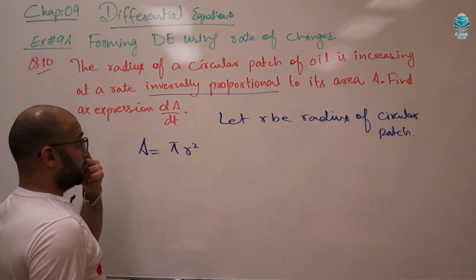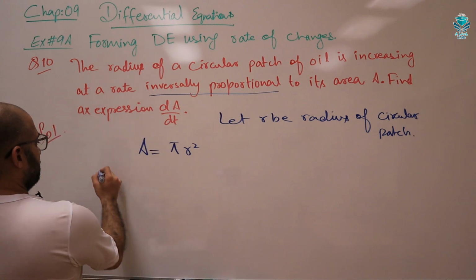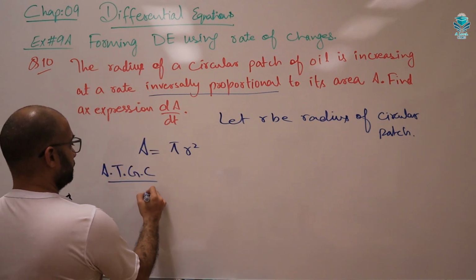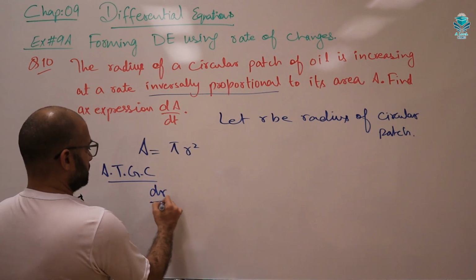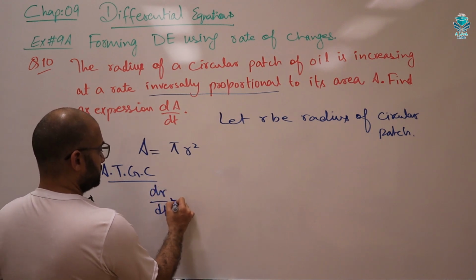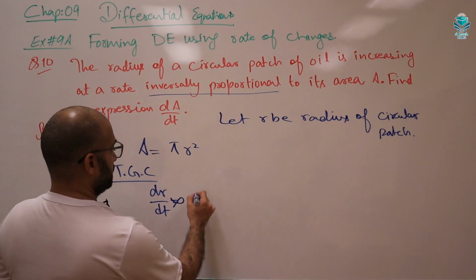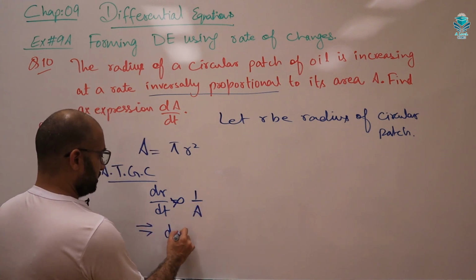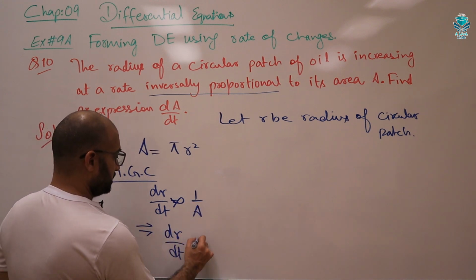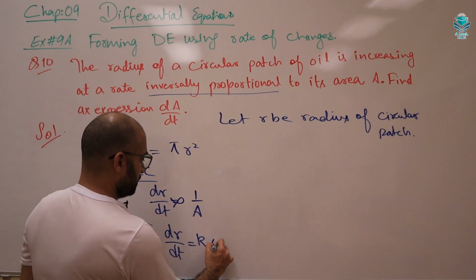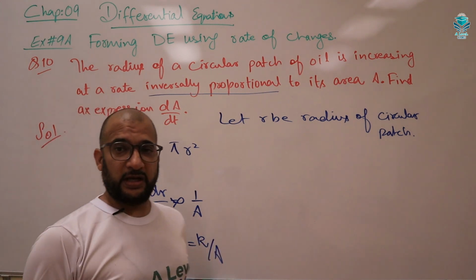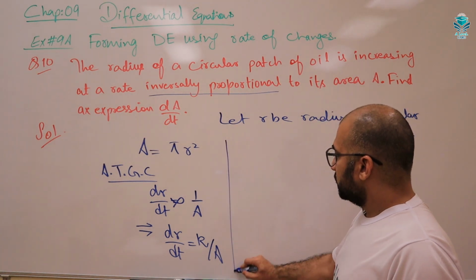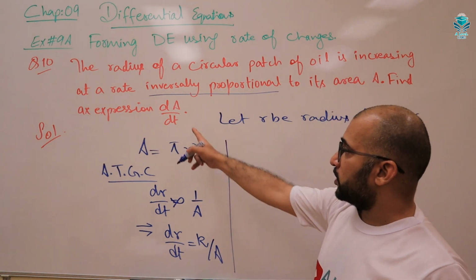According to the given condition, the change in the radius is inversely proportional to the area. So we can write dr by dt is k times 1 by A, where k is the constant of proportionality, a real number. We have to find the expression in the form of dA by dt.